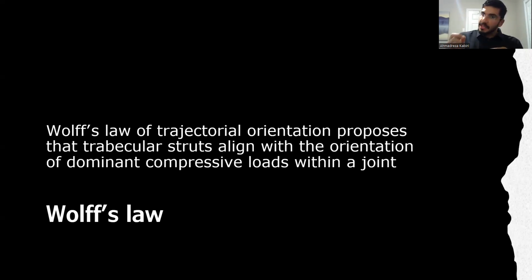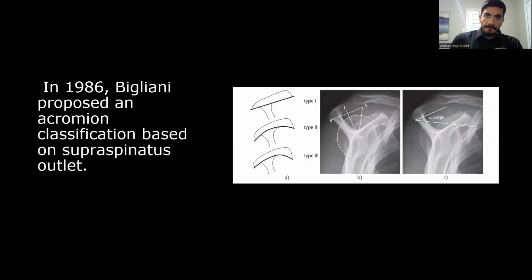So it's an important concept. And in 1986, Bigliani proposed an acromion classification based on supraspinatus outlet, and he decided that we have 3 types of acromion, which type 1 is flat, type 2 is curved, and type 3 is hooked.